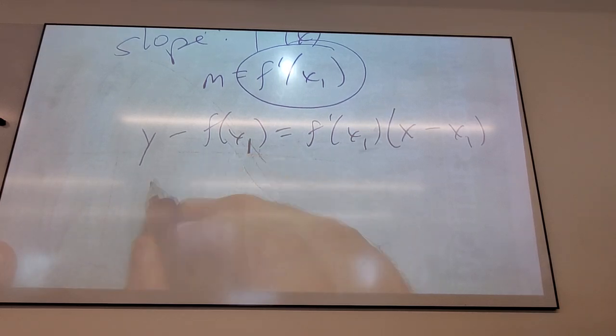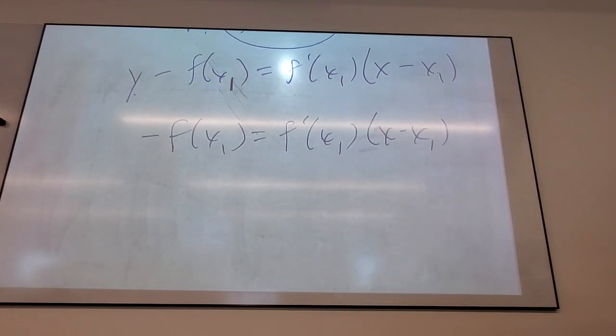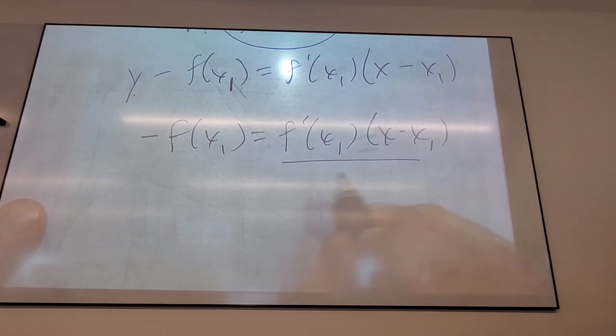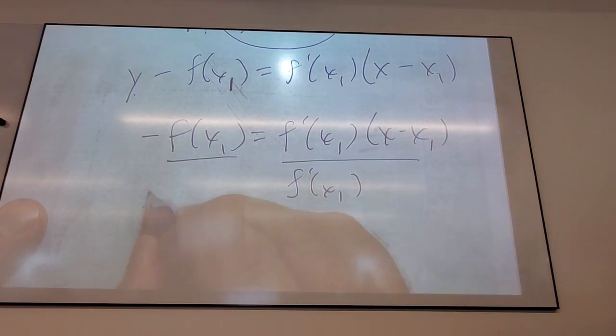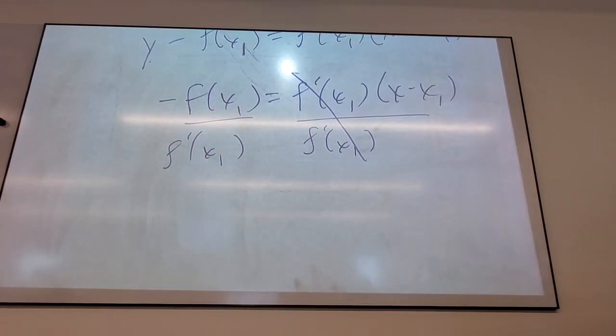Good. So make y 0, I get this. How do I solve for x? Instead of distributing, I can divide, and you get negative 1. Let me pull this over here.